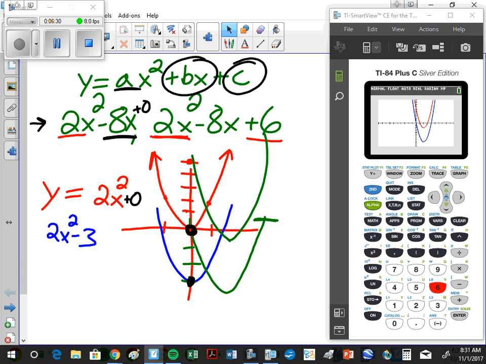Well, if I look at the graph, how far did this graph go to the right? The blue one, or the red one. How many x values did it move to the right? 2. So where do we get that number 2? How do I know how far to move it to the right? Well, there's a formula, and that formula is on page 3.3.